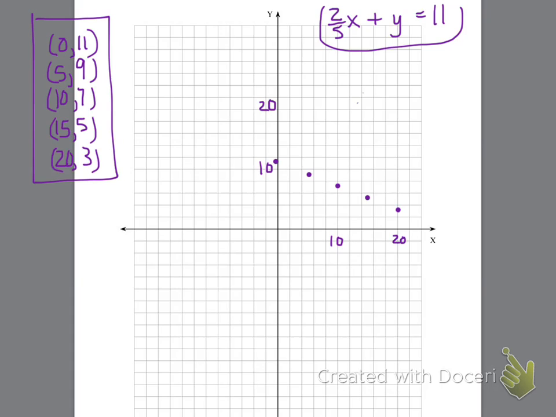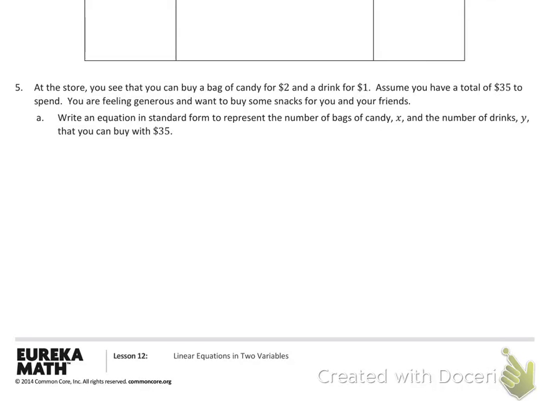Okay, so let's look at exercise 5, and then we'll be ready for the exit ticket. In exercise 5, we're going to be writing an equation again, kind of like our opening exercise with the basketball example. So at the store you can buy a bag of candy for $2 and a drink for $1. Assume you have a total of $35 to spend. You're feeling generous and want to buy some snacks for you and your friends.